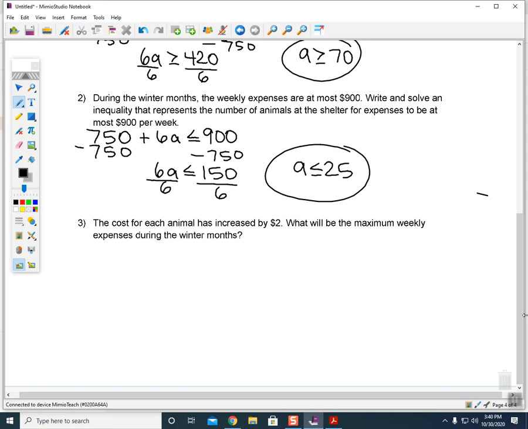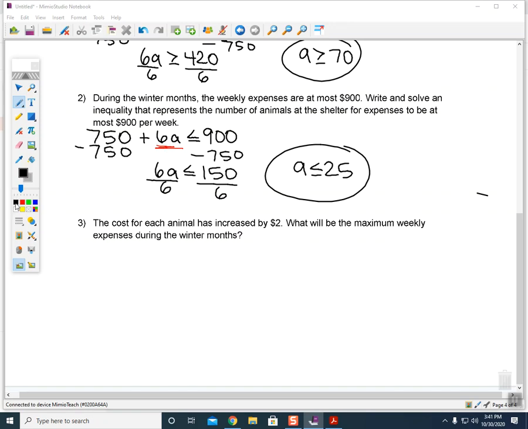Last one. The cost of each animal has increased by $2. What will be the maximum weekly expenses during the winter months? So, originally, I spent $6 every month for each animal. Now I'm going to spend $2 more than that.